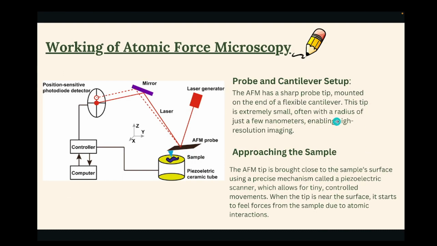Now the working of the atomic force microscope. In this figure we can see that the sample is present, the piezoelectric tube is there, the cantilever with the tip is there, and the laser is coming, reflecting from the cantilever, and then again reflecting from the mirror and going to the photodetector. Then the signal is sent to the controller and computer.